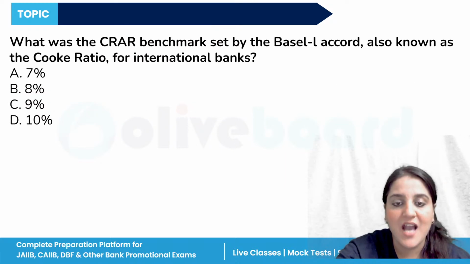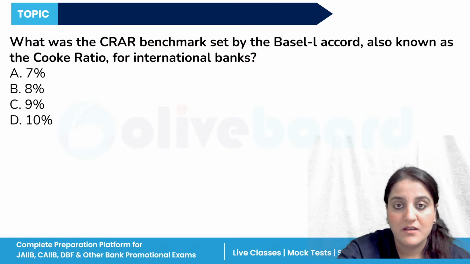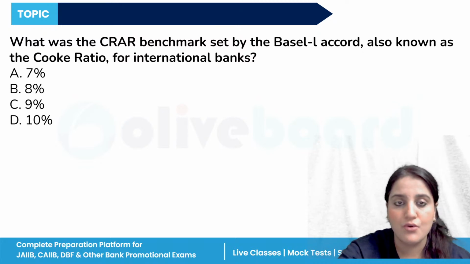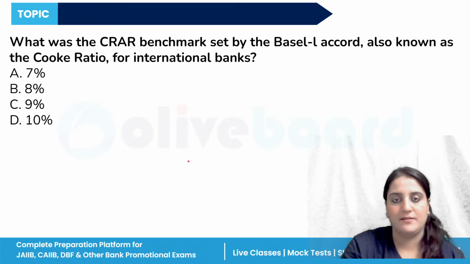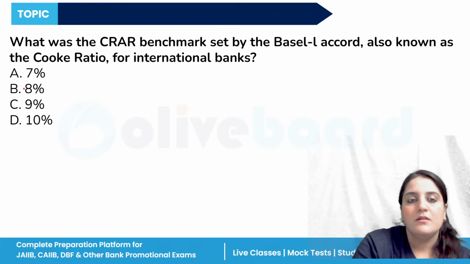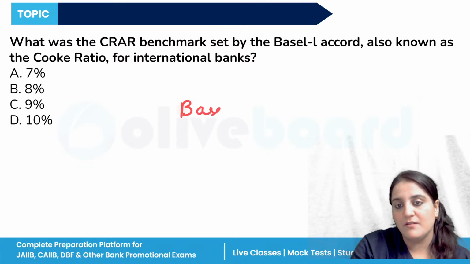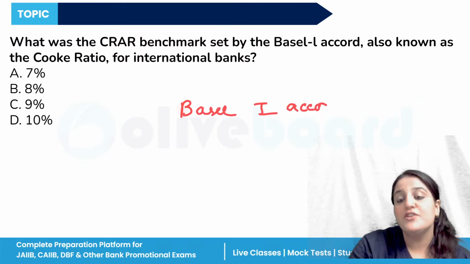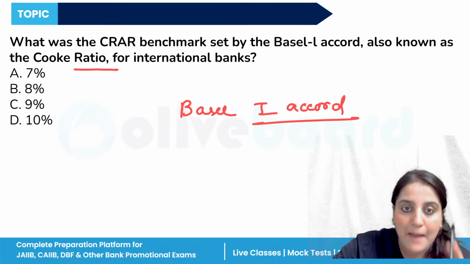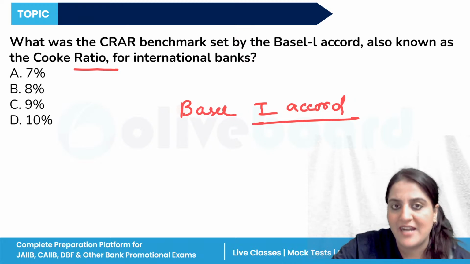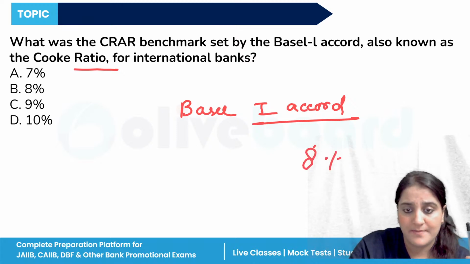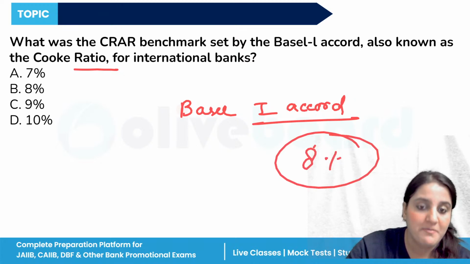What was the CRAR benchmark set by the Basel I Accord, also known as the Cooke ratio, for international banks? According to the Basel I Accord, also known as the Cooke ratio, the capital to risk weighted assets ratio, that is CRAR, benchmark was set at 8% for international banks.